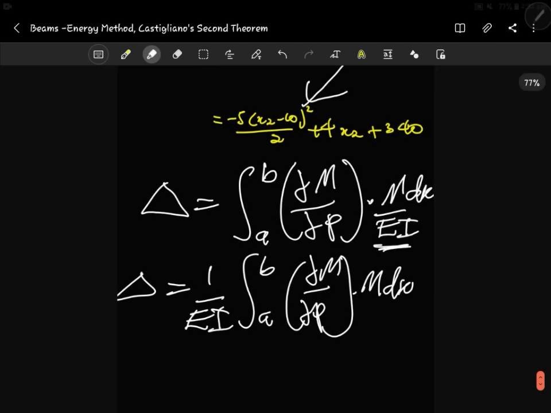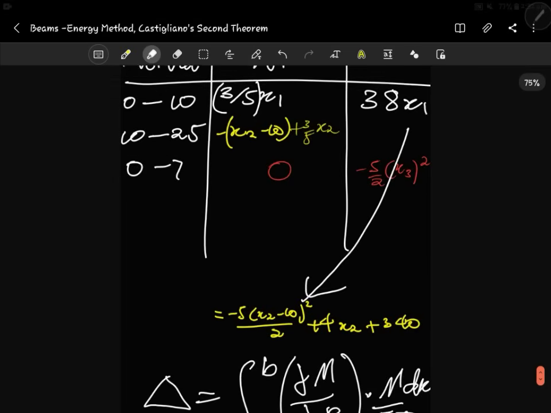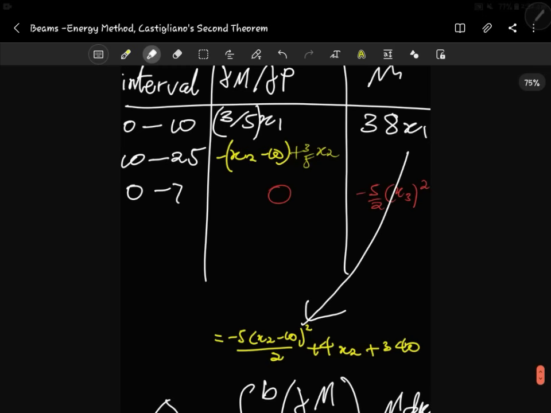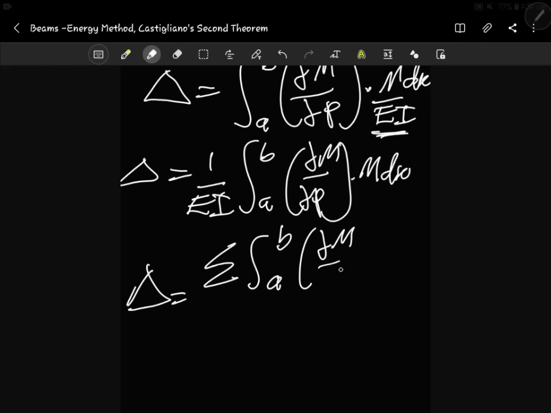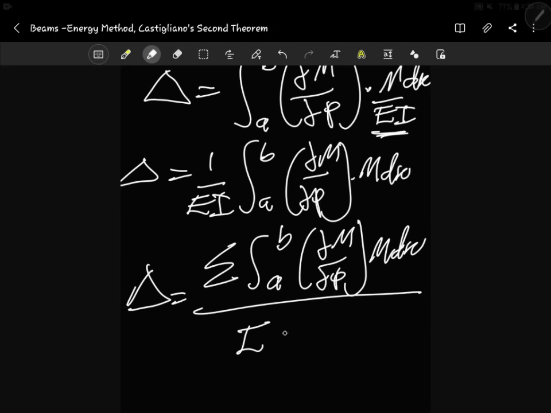So yeah, that's it. But because looking at how the whole thing is, we have more than one equation. What we basically do to get the deflection at a particular point is this way. It's actually the sum of these integrations. Each and every one has their own limit, right? So that's the m, the p, and then the m and the x, and this ei here comes down here.